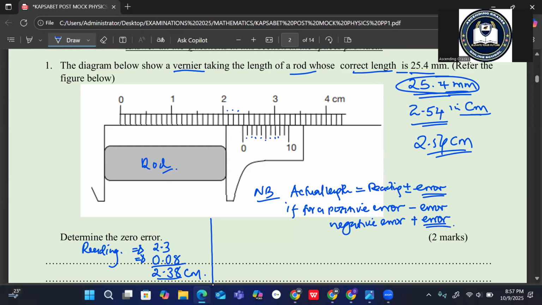So from this section, we can ask ourselves, what error will it be? The actual length is 2.54, and the reading is 2.38. For us to arrive at this, should we add or subtract? Let's suppose a value x.